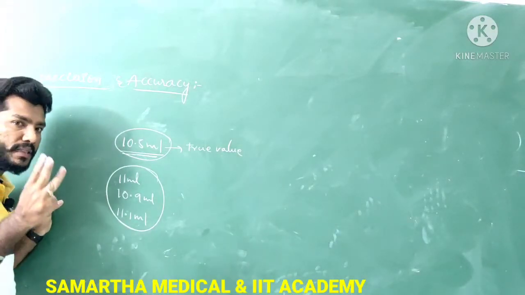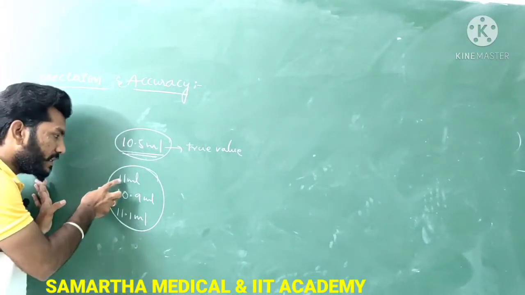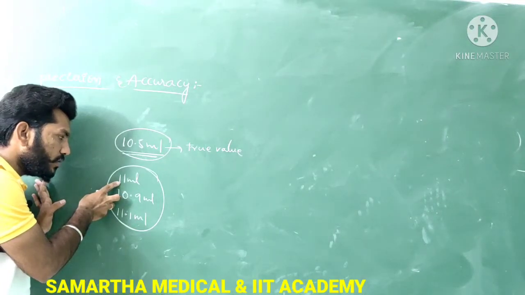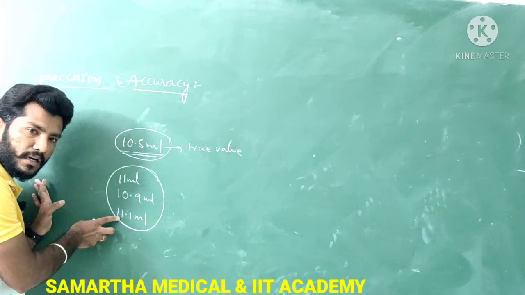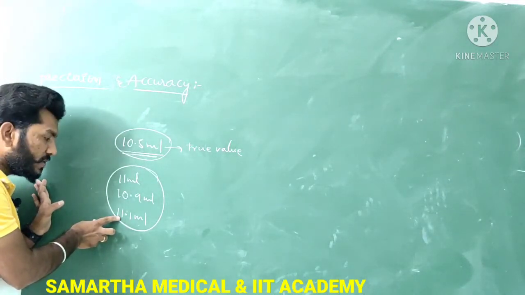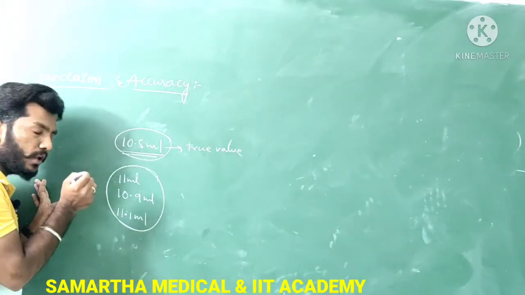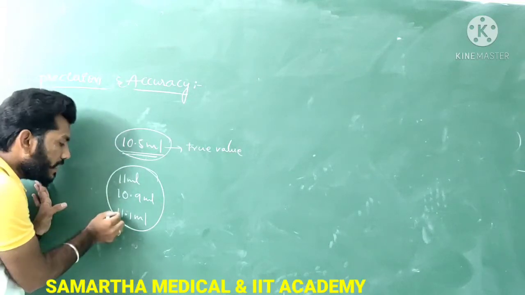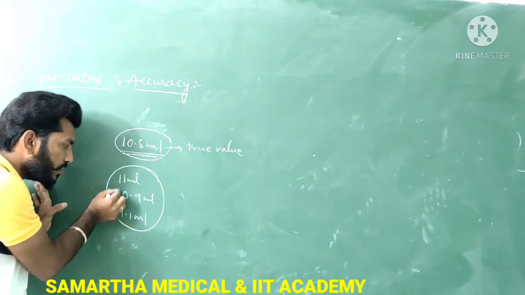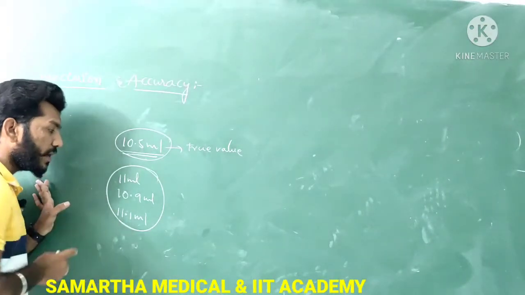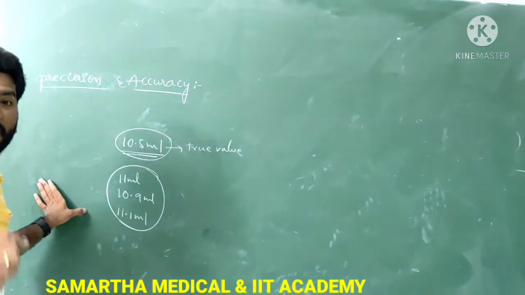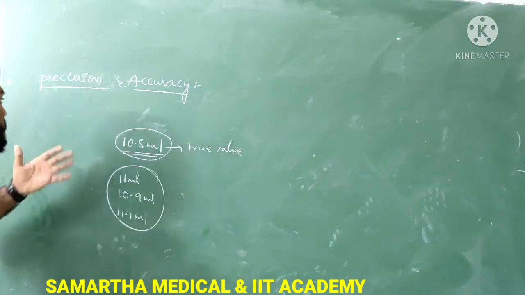He made a measurement, and in the first trial he got 11 ml, second 10.9 ml, third 11.1 ml. You can take any single value, they are not close to the true value, but they are very close to one another. Hence this kind of value we call a precise value.